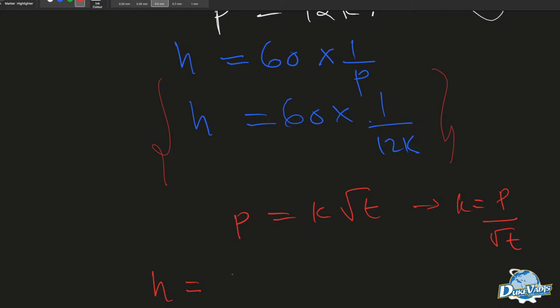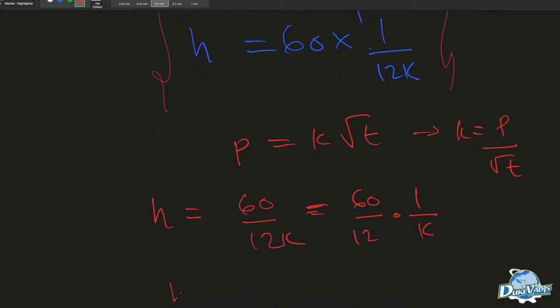So this will be h equals 60 over 12k. Let's say this is 60 over 12 times 1 over k.